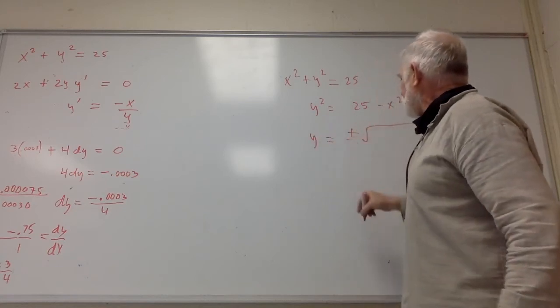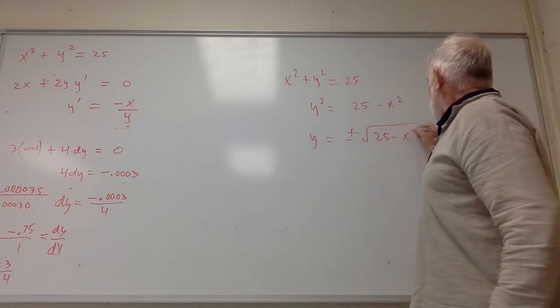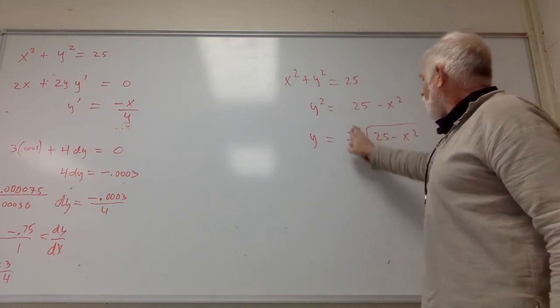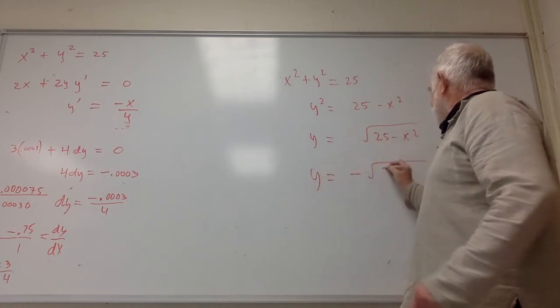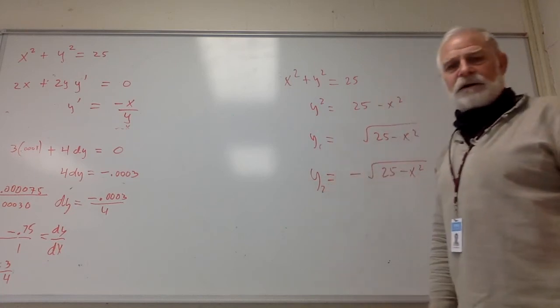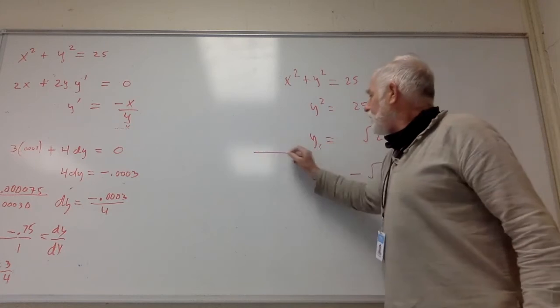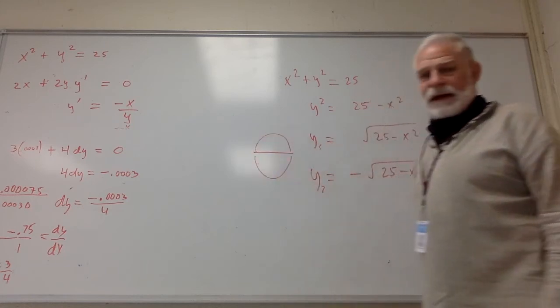People always forget the plus minus, unless you really push it. So I have two graphs here. One is the positive, and one is the negative. We used to have to put these in y1 and y2 of our calculators. This would get the top half of the circle. This one would get the bottom half.